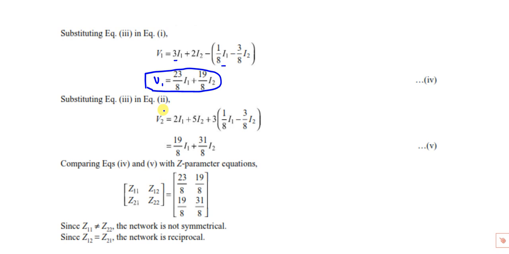Similarly, substitute the value of I3 in equation number 2. So V2 is 2I1 plus 5I2 plus 3I3 was there, and the I3 value is substituted here.